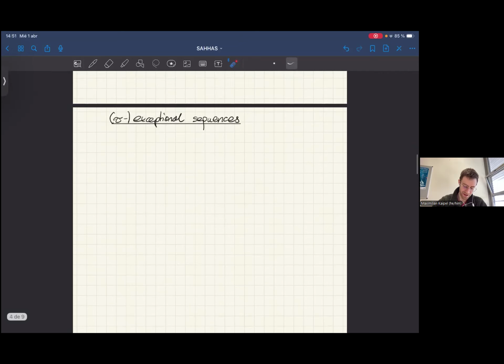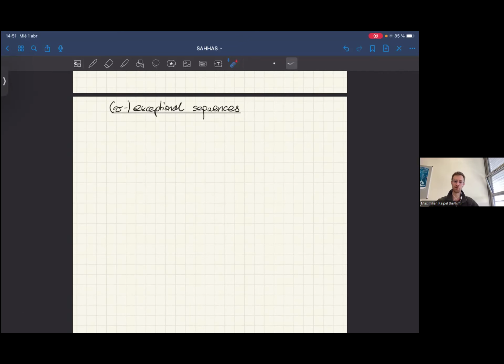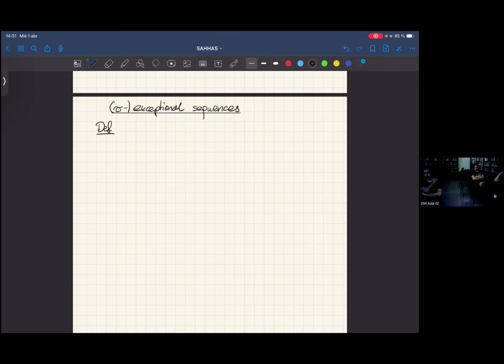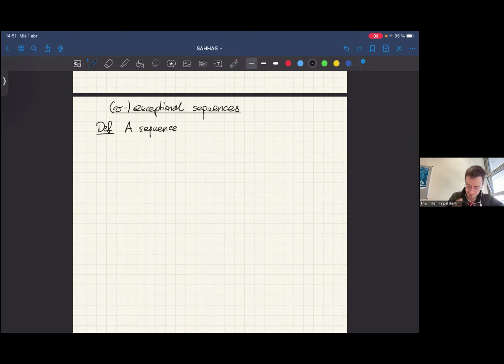And now, let's see what these exceptional sequences are. So this is a very classical definition. So I will be a bit lazy and not attribute it to anyone. It vaguely originated in Rudakov's school of algebraic geometry, really. This was already in the late 80s, early 90s.